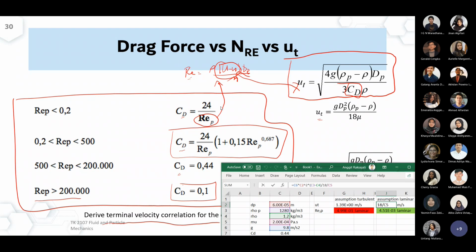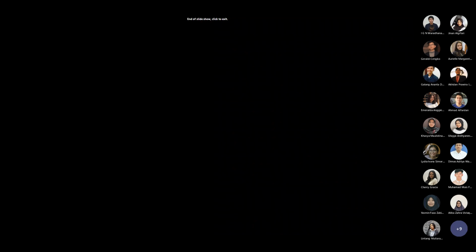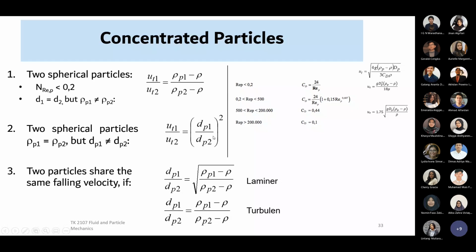Okay, if not, then I will move on. I think this is the last slide before we move into the application. Now it's just a quick comparison if you want to know the terminal velocity of particle 1 versus particle 2. We know that it always starts from here, again the generic one.